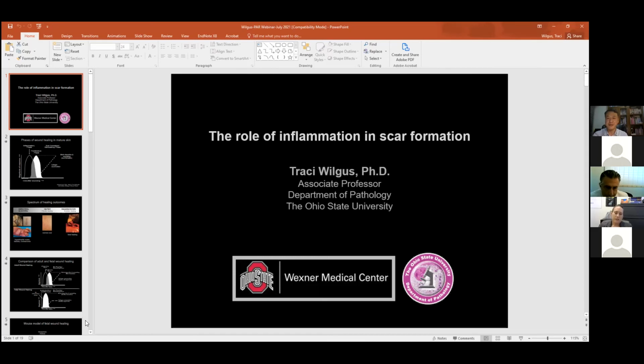Yeah. That's a good question. There is evidence in animal models that it's hard to completely eliminate inflammation in mature skin, but you can significantly reduce inflammation without delaying healing in the absence of infection.